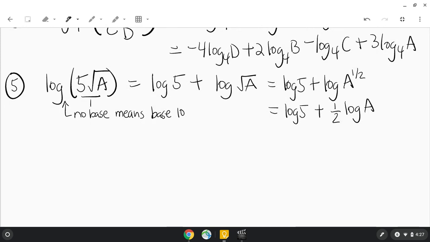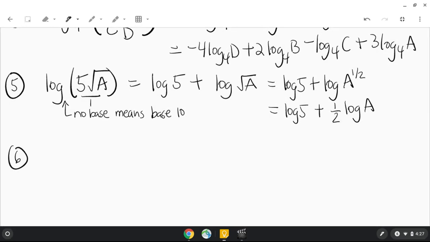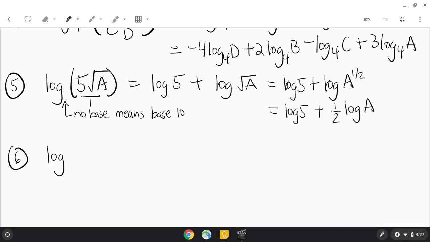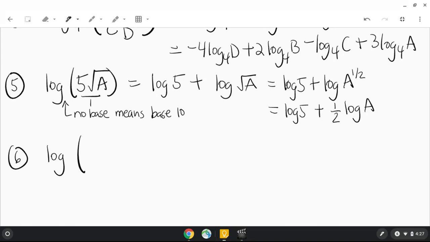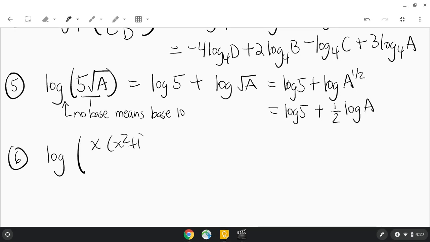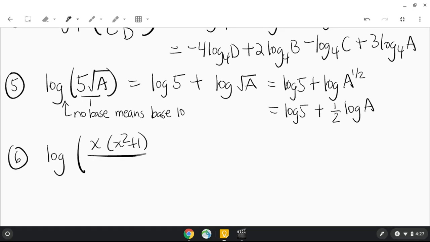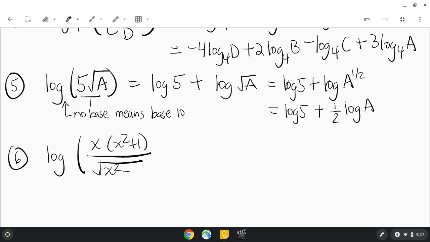Okay, let's try one more. Log, and let's do x times x plus 1 all over square root of x squared minus 1.